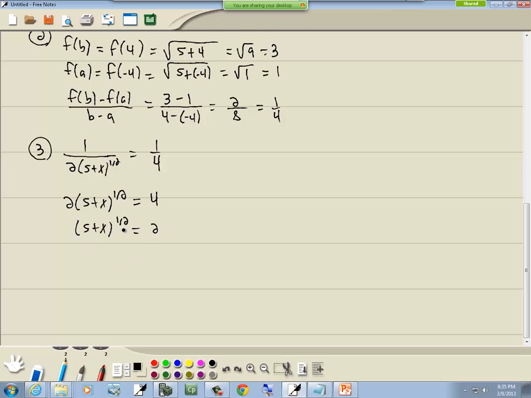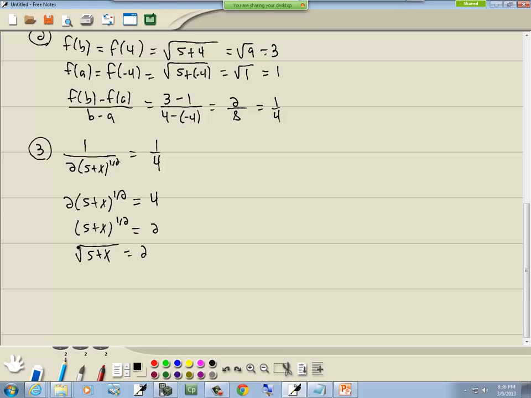Now remember this is a square root, so that's like the square root of 5 plus x is equal to 2. And this is a radical equation. With radical equations, we get the radical by itself, no numbers in front of it, no numbers after it, and then we raise both sides to the power. Well, this is a square root, so we raise both sides to the power of the index.